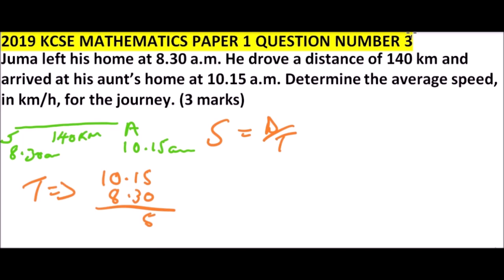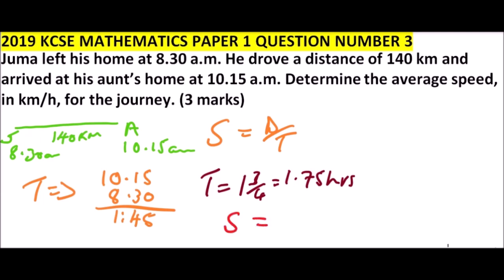So we borrow 1 from 10, this will be 60, so we have 75, 6 plus 1 is 7, so this will be 4, and now here we have 9, so that is 1 hour 45 minutes. So we can write time is equal to 1 hour and 3/4, which is the same as 1.75 hours.